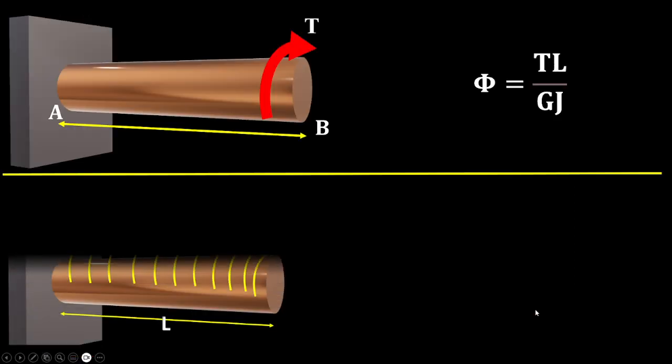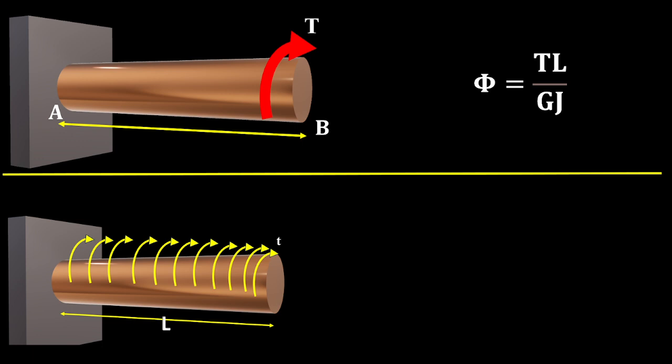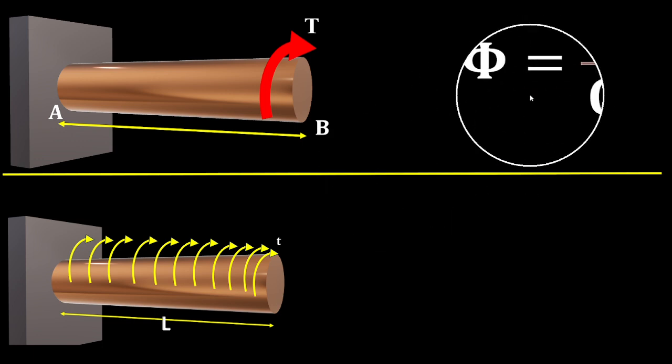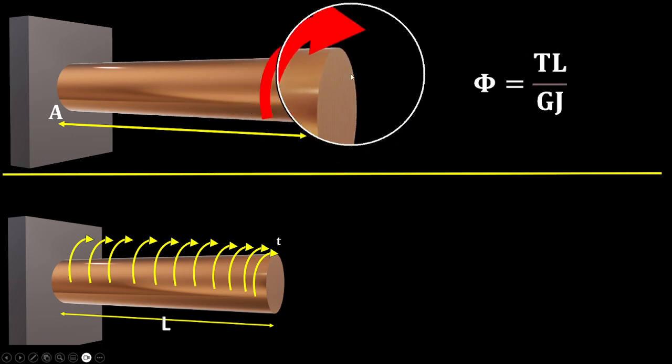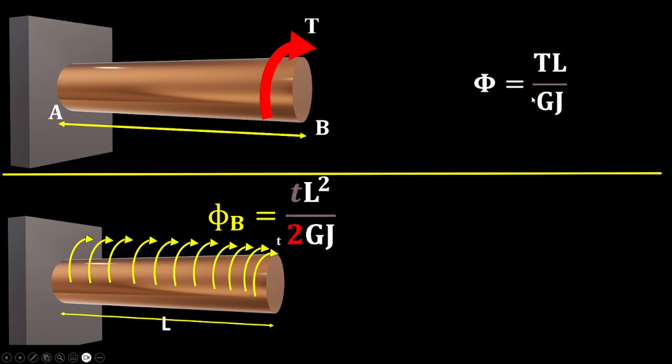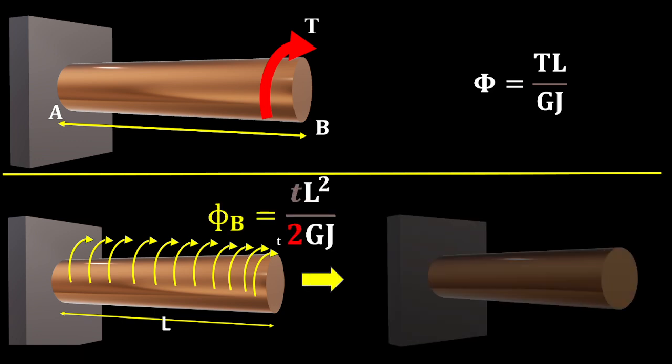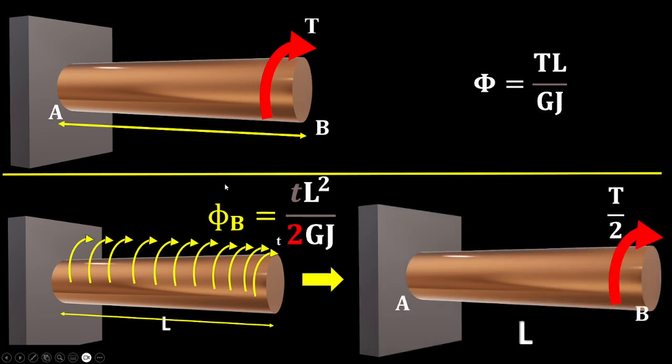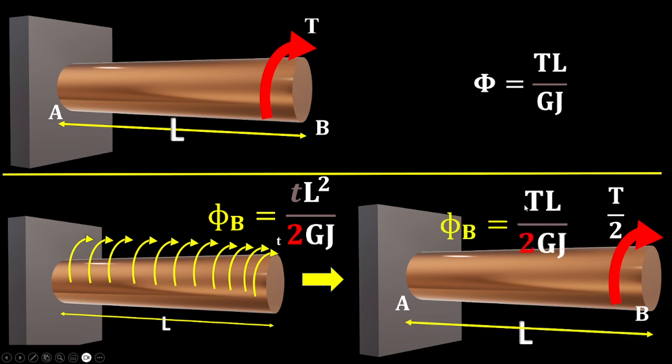Again, for the effect of a single torsional torque, phi is TL over GJ, and for a continuous one, it gives TL over 2GJ.